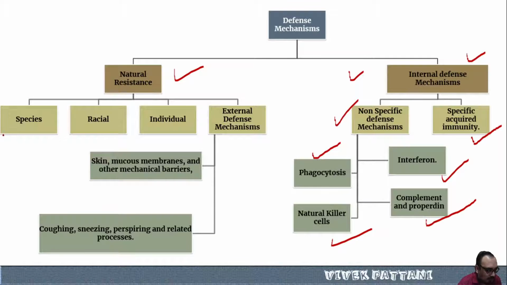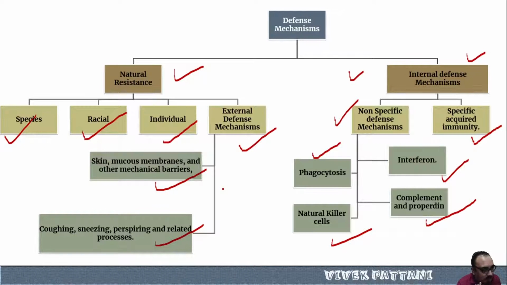Natural resistance includes species resistance, racial resistance, individual resistance, and external defense mechanisms, which include natural barriers and other processes such as coughing, sneezing, perspiring, and related processes.